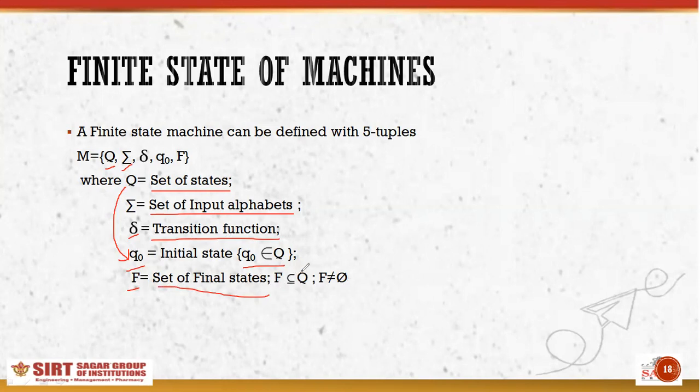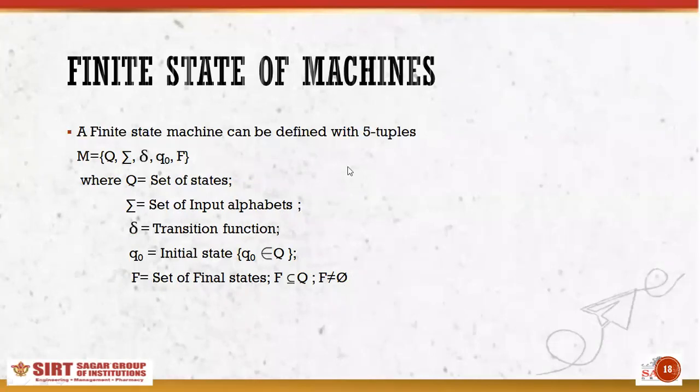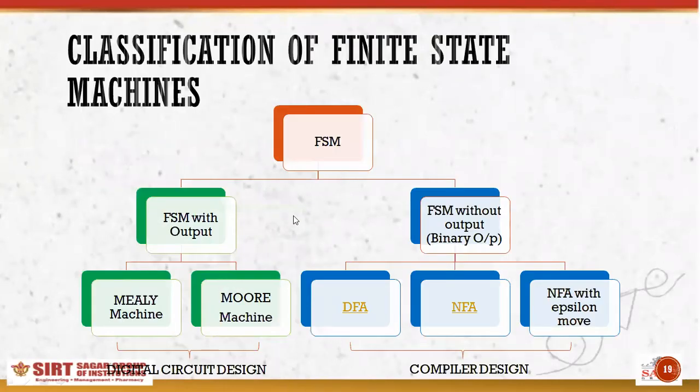These final states will be from the set Q only, so I have written F is a subset of Q, because some states of set Q will be designated as final states. And one more thing, in a finite state machine, F will never be equal to the null set when we consider it as a language acceptor.